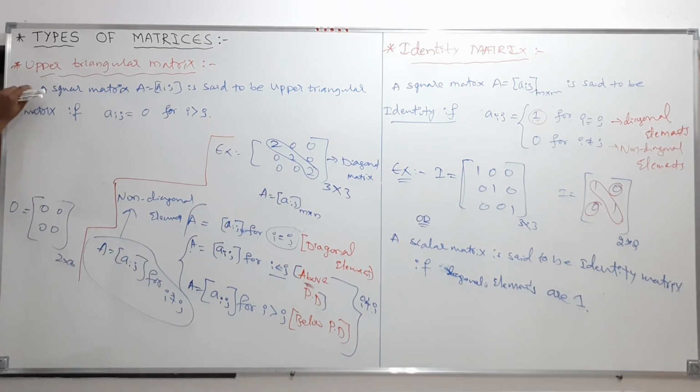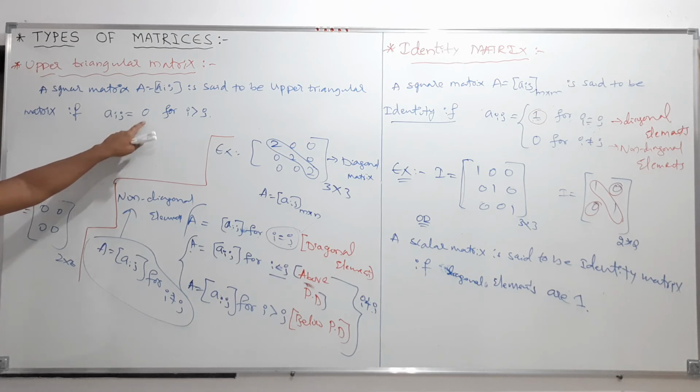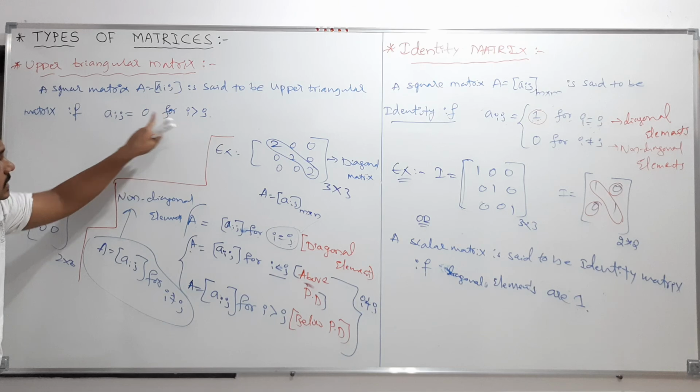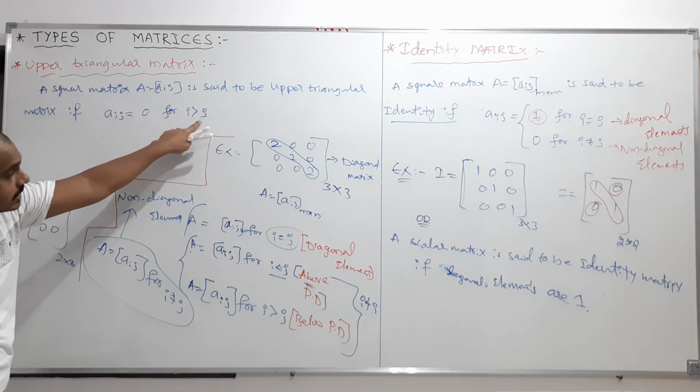So a square matrix A = [Aij] is said to be an upper triangular matrix if Aij is equal to 0 for i greater than j.